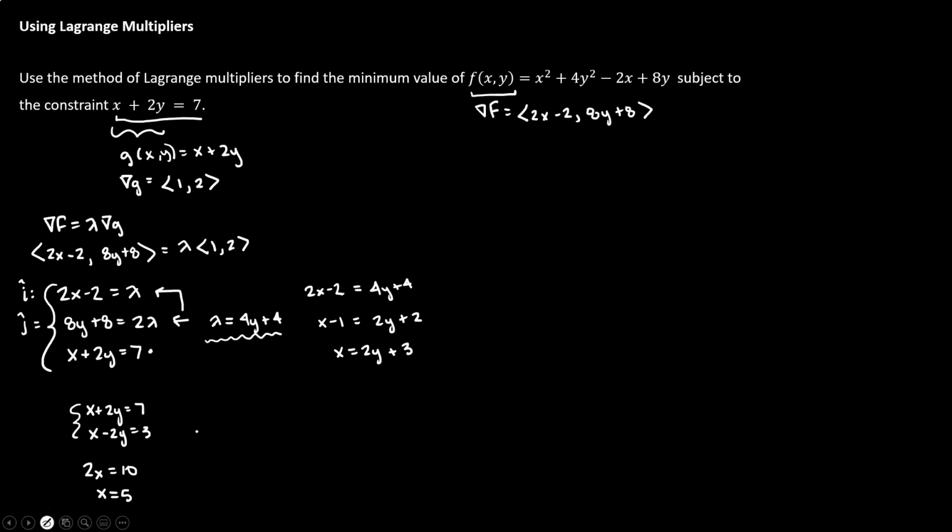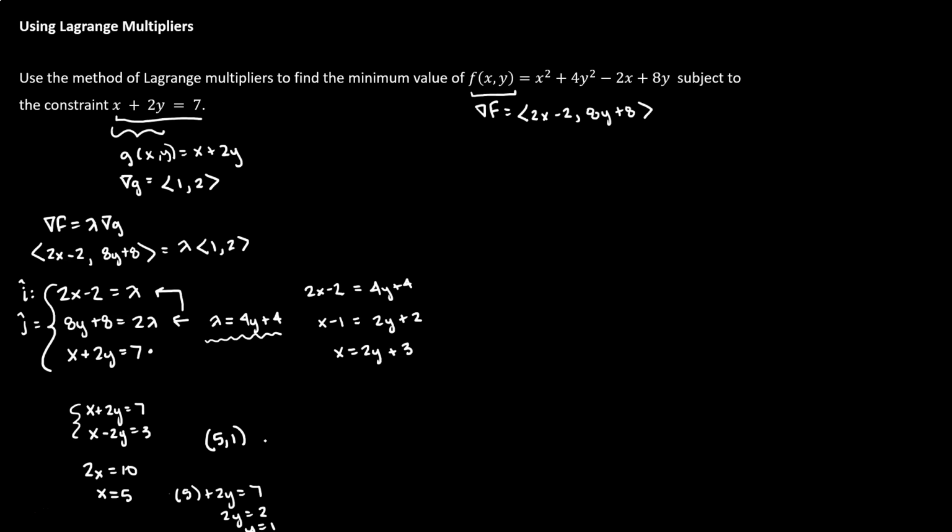So plugging x equals 5 into x plus 2y equals 7, we get 5 plus 2y equals 7, or we get 2y is equal to 2, or that y equals 1. So we found one solution that occurs at 5, 1. In fact, in this case, it's the only solution.